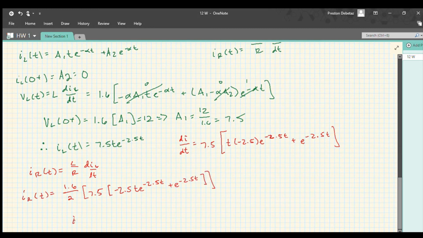Multiply all this out. 1.6 over 2 times 7.5 is 6. 6 times minus 2.5 is minus 15. So we have minus 15 t e to the minus 2.5 t. Alright, this will just be plus 6 e to the minus 2.5 t.